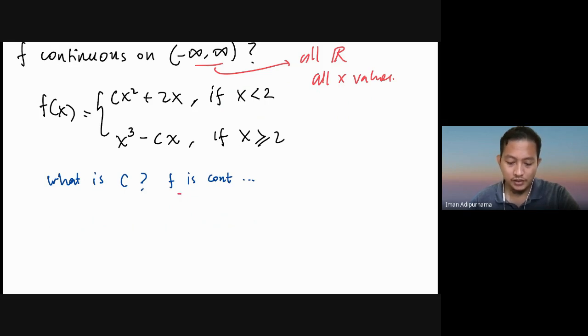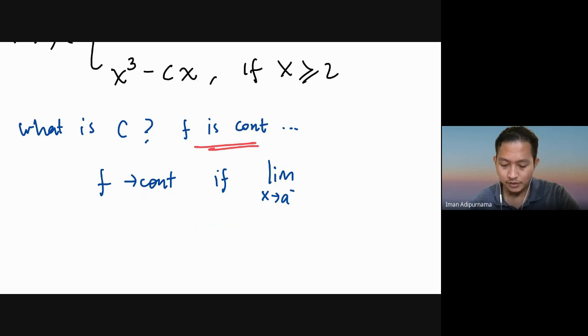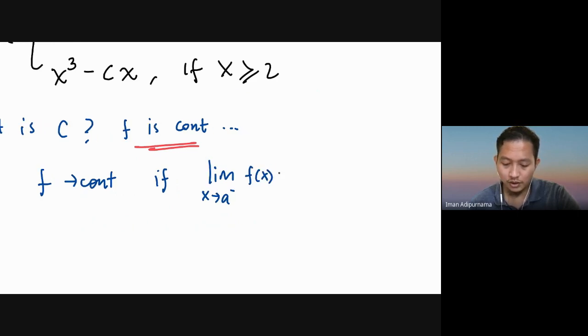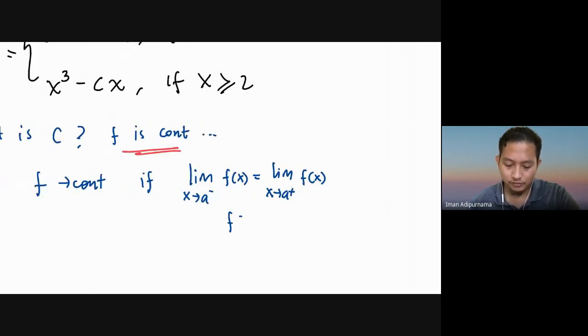A continuous function has some requirements. A function is continuous if the limit as x approaches the point, the left hand limit equals the right hand limit, and both equal L. These two requirements make the function continuous.